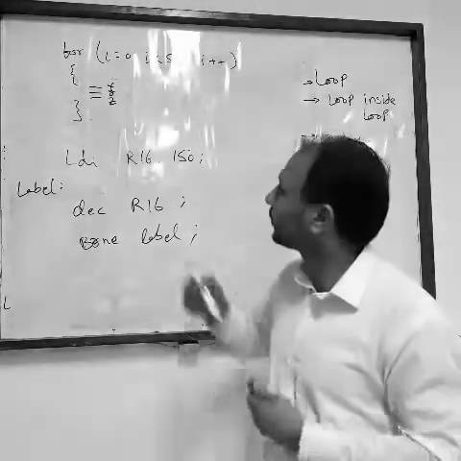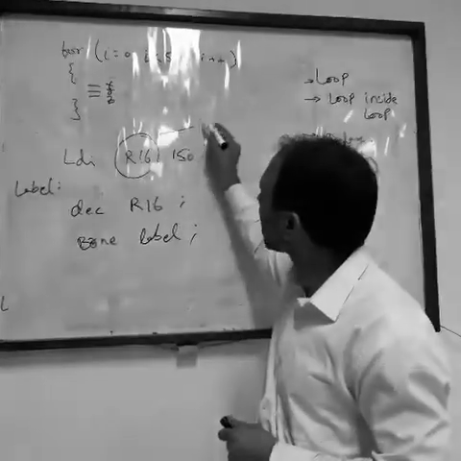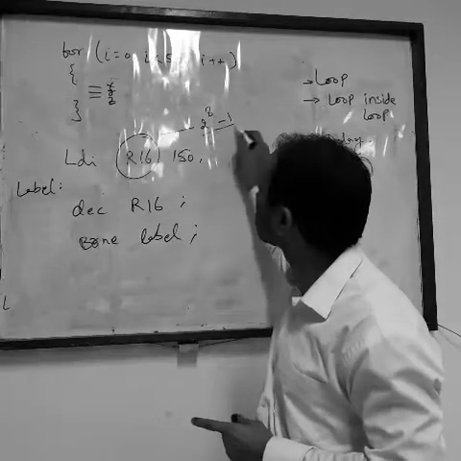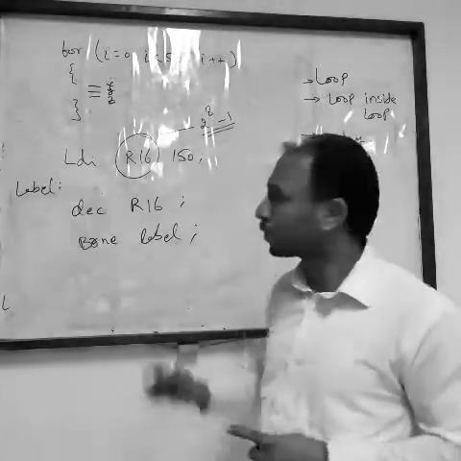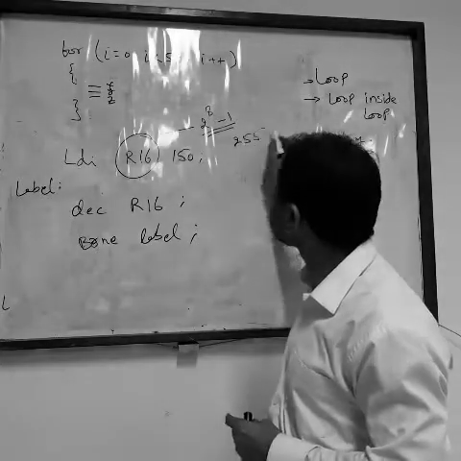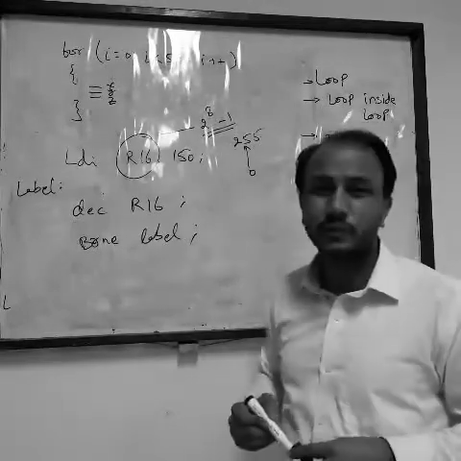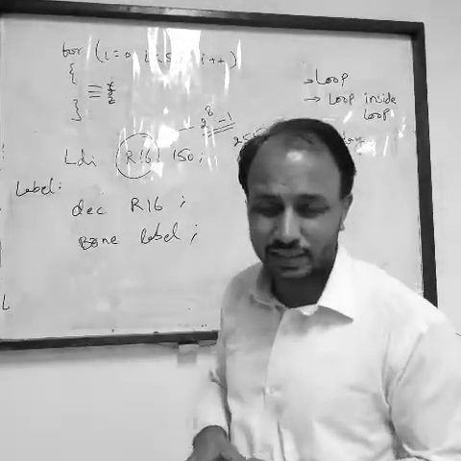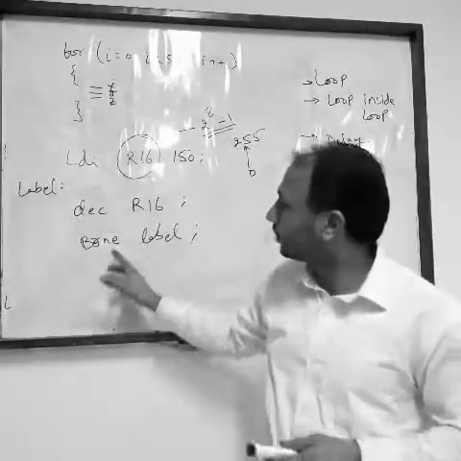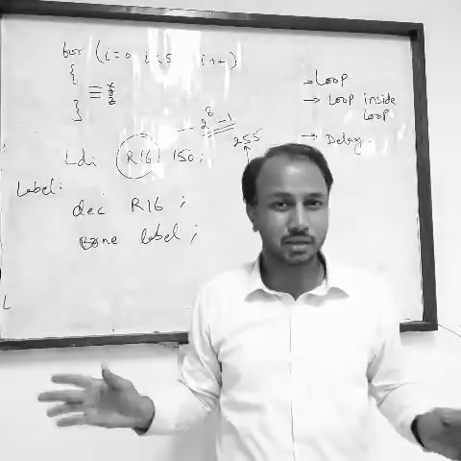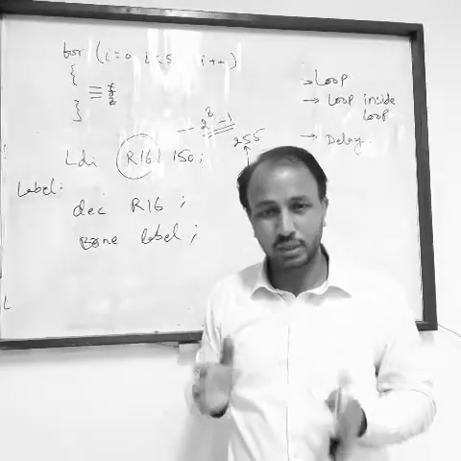So the maximum value that R16 can contain is 2 raised to power 8 minus 1. That becomes 255. So from 0 to 255 there are 256 instances, which means 256 times this loop can be run. Are you getting the point?